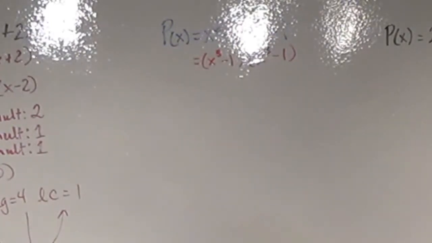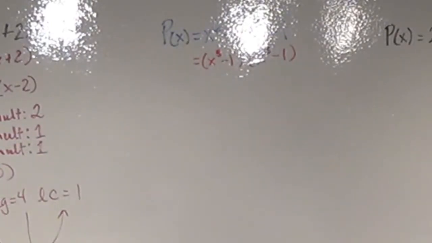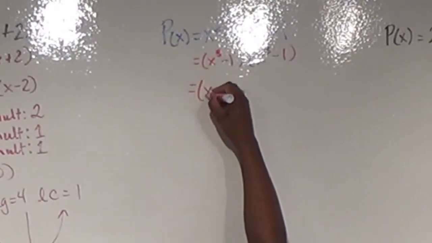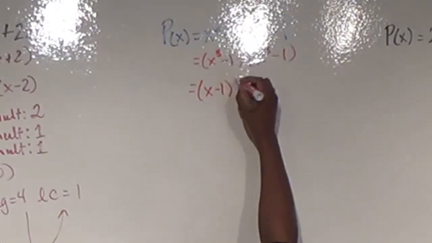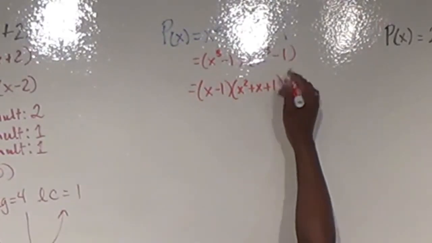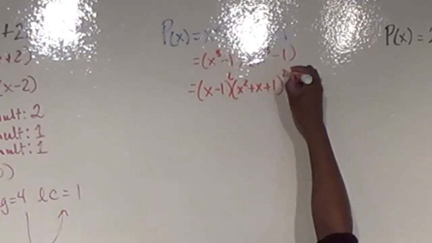And then from there, I can factor those using my difference of cubes. So that says it's going to be an x minus 1, x squared plus x plus 1. And then I'm going to get the same thing when I factor that one. So these become squares.